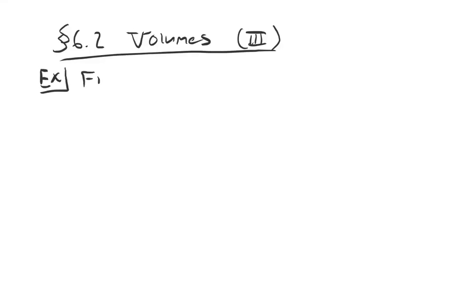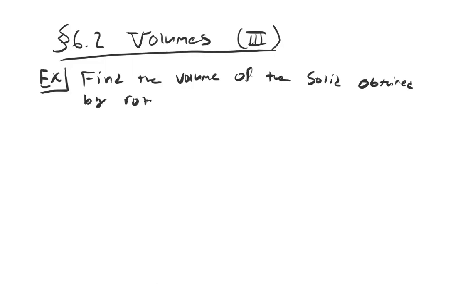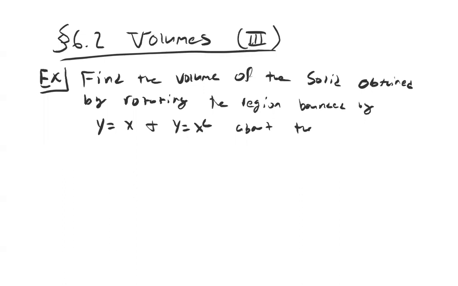So we want to find the volume of the solid obtained by rotating the same region as the last one, the region bounded by y equals x and y equals x squared about the line y equals 2.